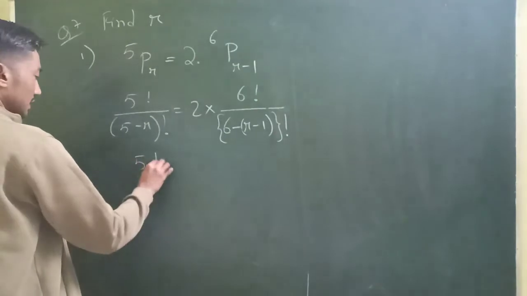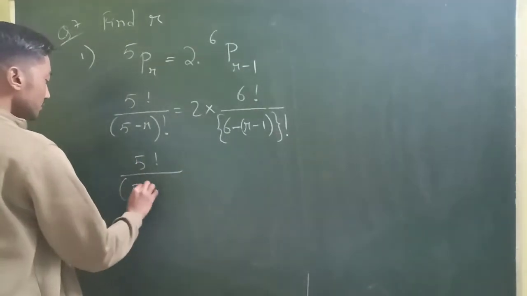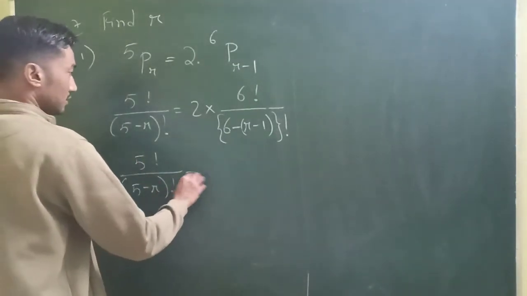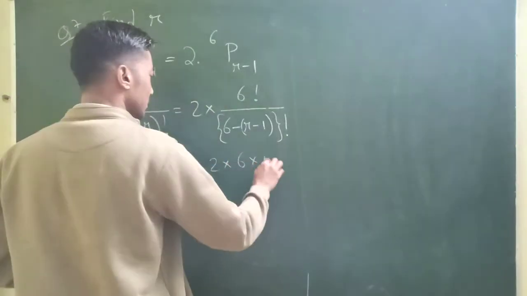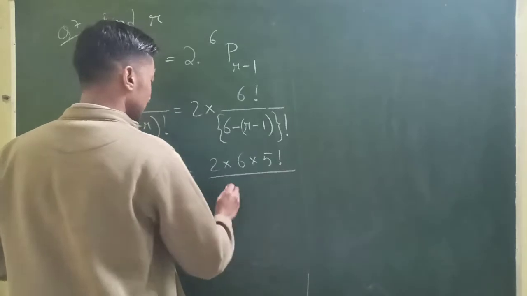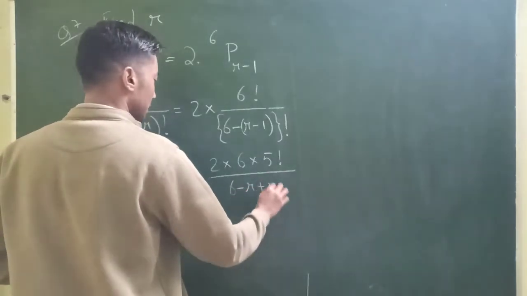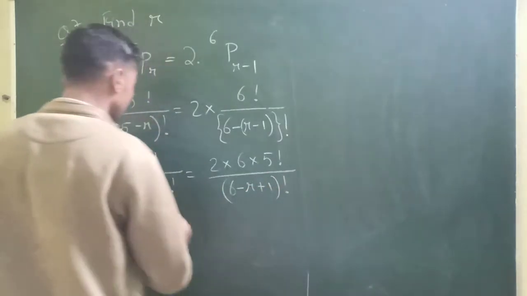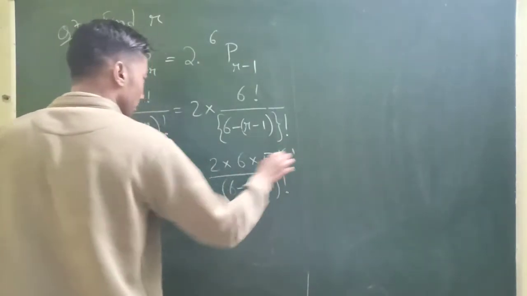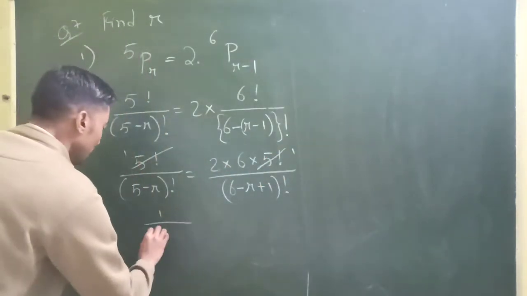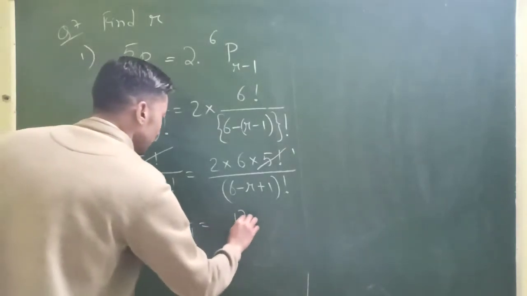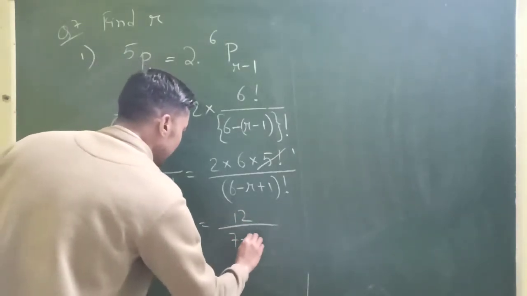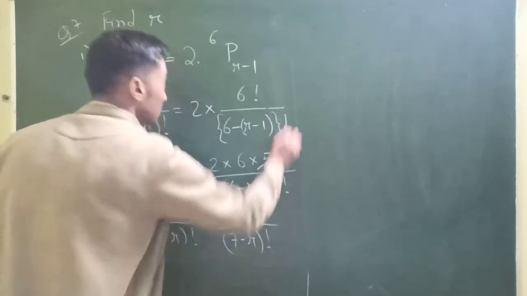So let's simplify this. 5 factorial upon (5 minus r) factorial equals 2 into 6 factorial, I'll just expand, 6 into 5 factorial, upon (6 minus r plus 1) factorial. Okay, I'll just cancel 5 factorial, so 1 by (5 minus r) factorial equals 12 by (7 minus r) factorial.